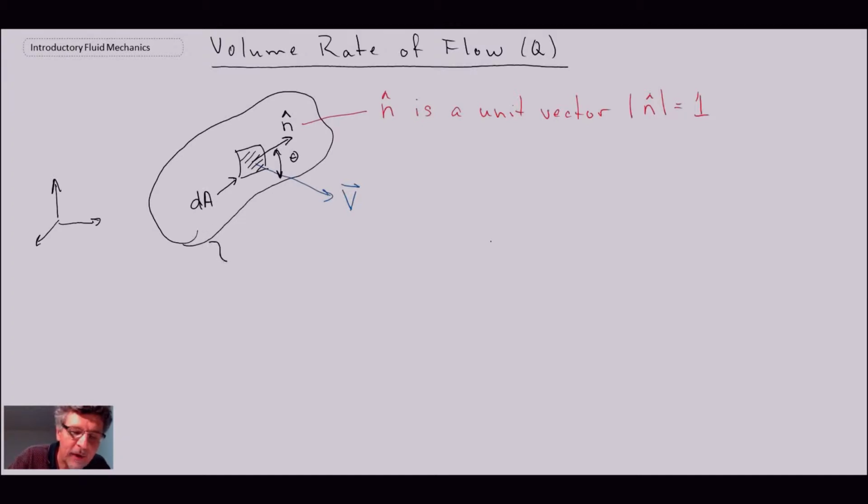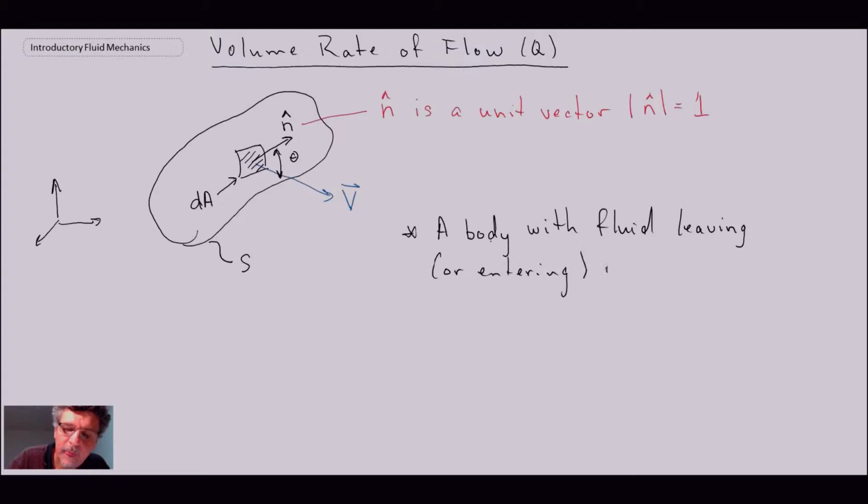And this is over a larger surface S. So this is basically a body with fluid leaving or entering. So it's some arbitrary body. We could have fluid coming in or leaving.